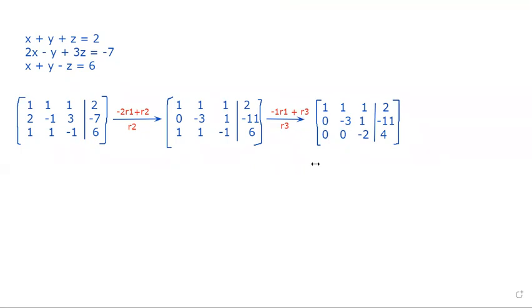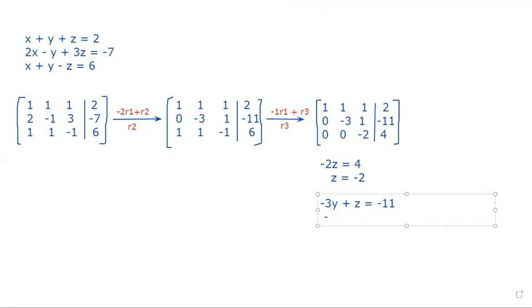So this is what we're going to say. -2z is equal to 4. If -2z is equal to 4, that means z is equal to -2. Okay, now we're going to work ourselves back up. We have -3y plus z is equal to -11.